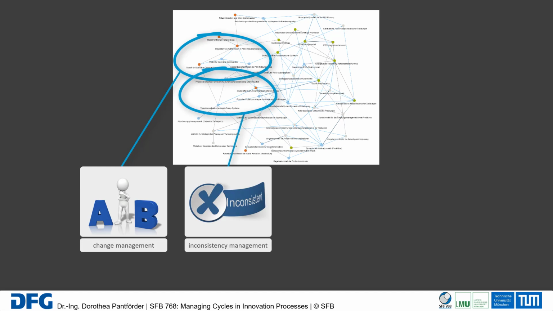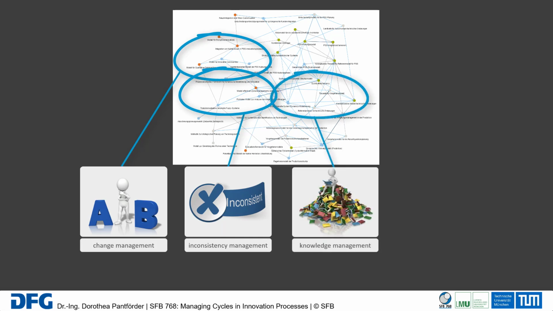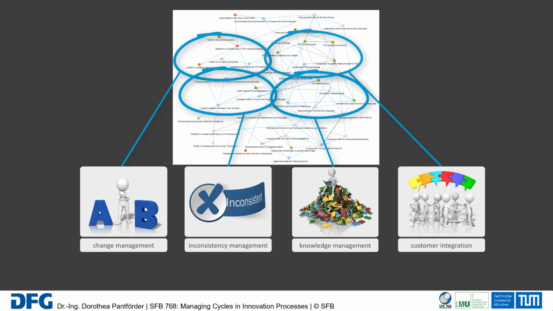Inconsistency management, to identify and resolve inconsistencies within cross-heterogeneous models and to encourage cross-discipline collaborative innovation. Knowledge management, for the acquisition of new knowledge and maintaining old knowledge. And customer integration in processes of the evaluation of innovation concepts and prototypes.